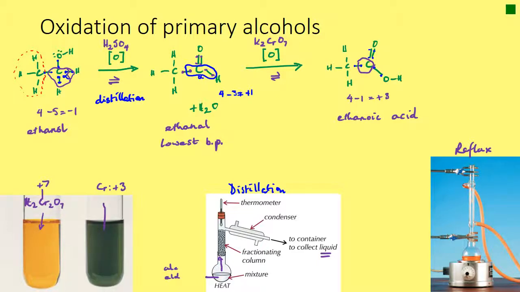If instead you wanted the reaction to go all the way to ethanoic acid, you would use a reflux operation instead, and this picture on the right shows a reflux operation, so it looks quite similar. And yet the condensing tube is connected such that we're going to condense the aldehyde such that it condenses and drops back into the reaction mixture.